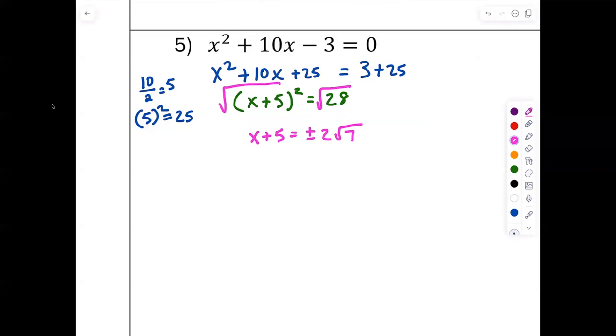And now our final answer is just to subtract 5. So X equals -5 plus or minus 2 radical 7. Anybody have any issues? All right, flip the page.